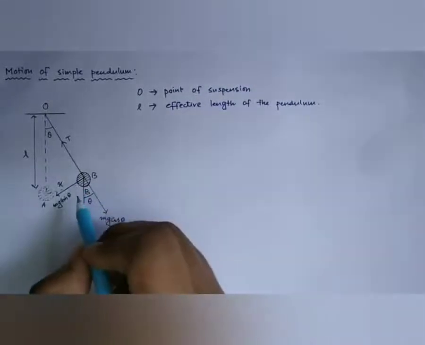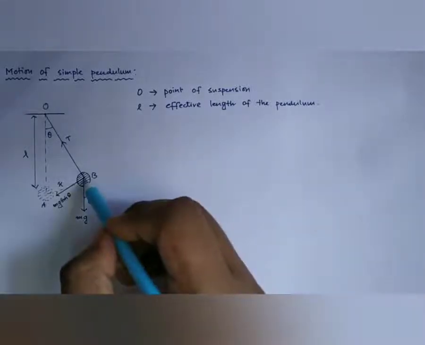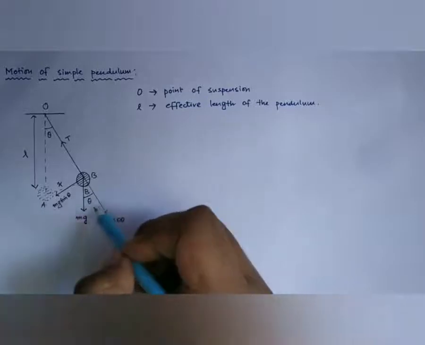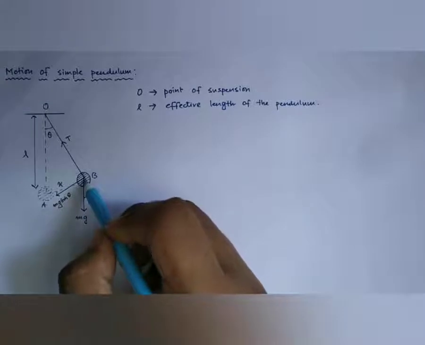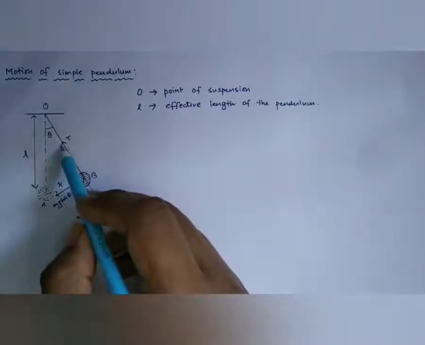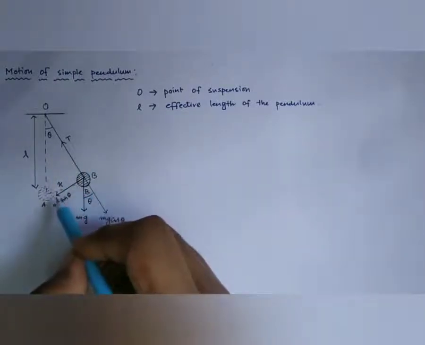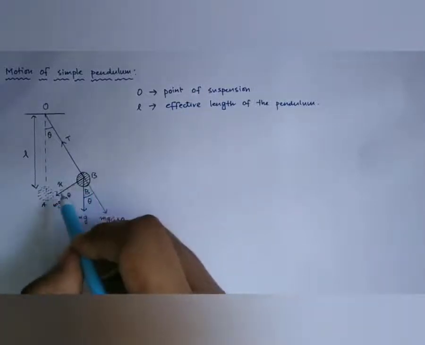So at the position B we may note that here the weight mg works downward and the two components mg cos theta and mg sin theta are acting from the point B. The component of the weight, mg cos theta, just balances the tension of the string, whereas the component mg sin theta, which is acting perpendicular to the string, supplies the restoring force.